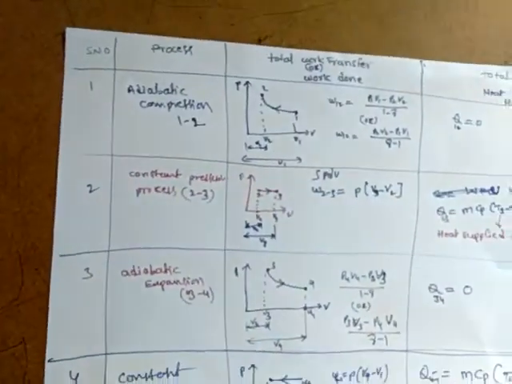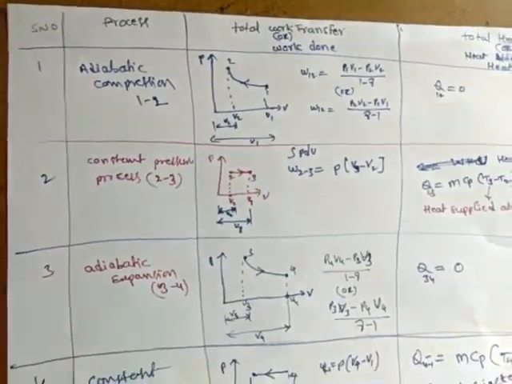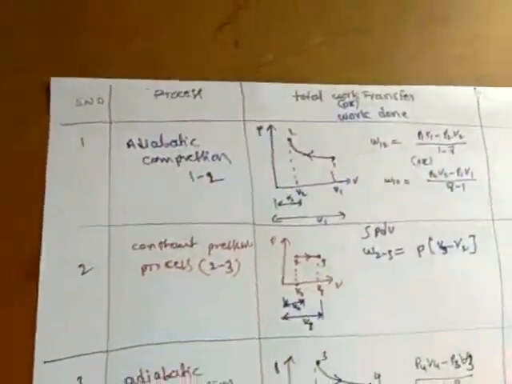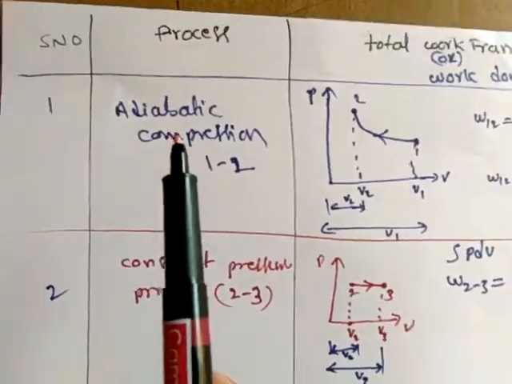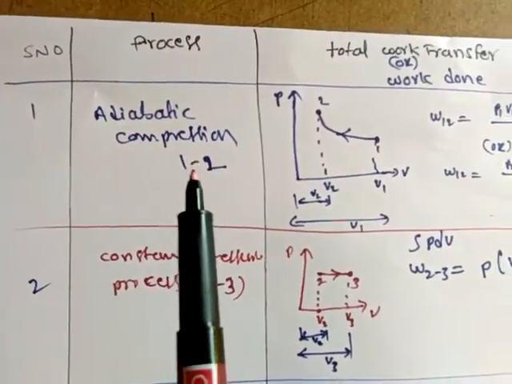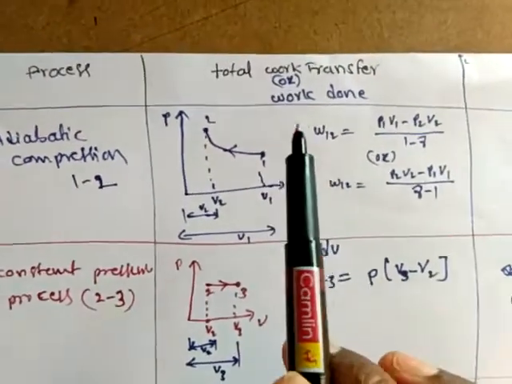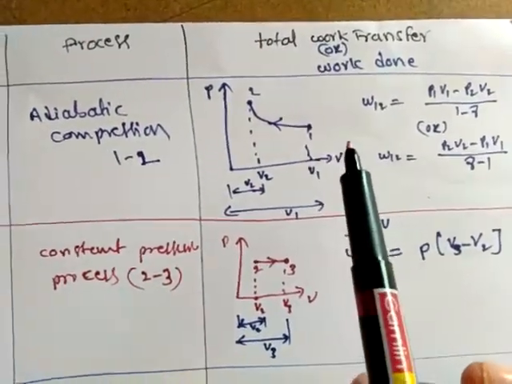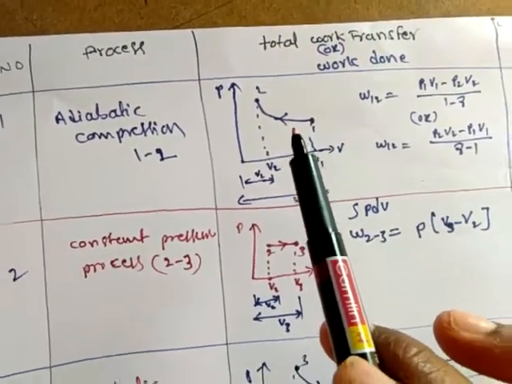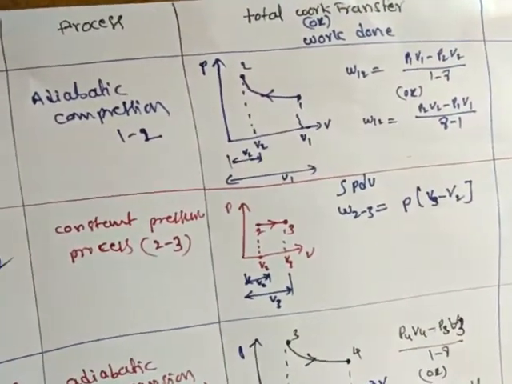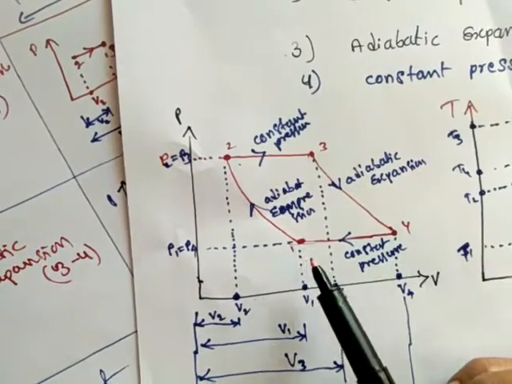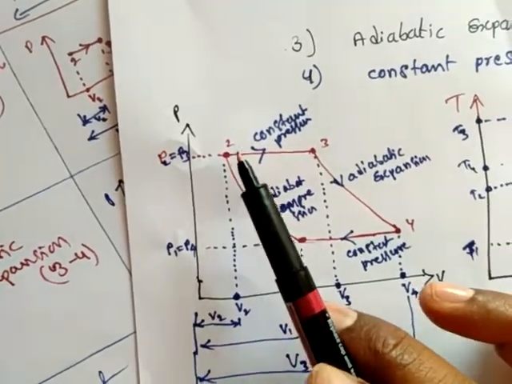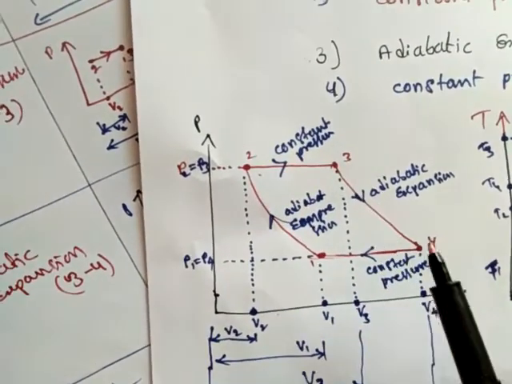So how do we write the total work transfer and heat transfer in the different thermodynamic processes? First, let us see the adiabatic compression process, that is 1 to 2. The total work transfer in the adiabatic compression process is equal to... here once again observe the PV diagram. We can split all these processes, 1 to 2, 2 to 3, 3 to 4, 4 to 1.